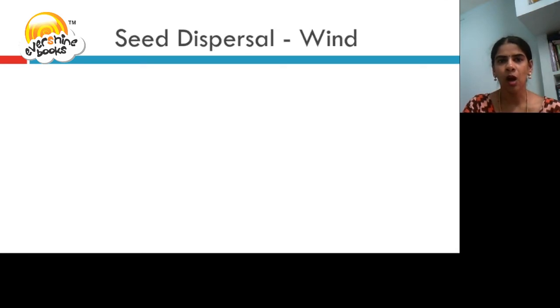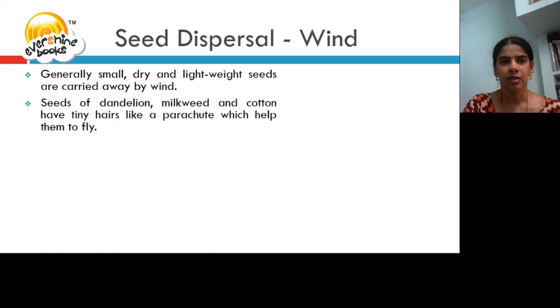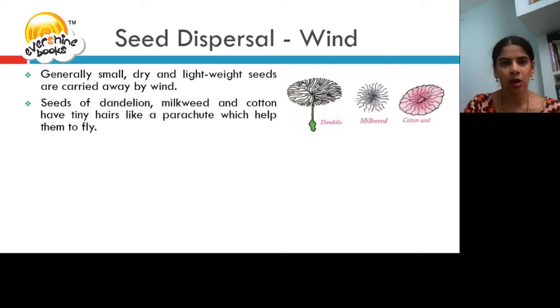Let us see how seed dispersal takes place through wind. Generally, small, dry and lightweight seeds are carried away by wind. Seeds of dandelion, milkweed and cotton have tiny hairs like a parachute which help them to fly.